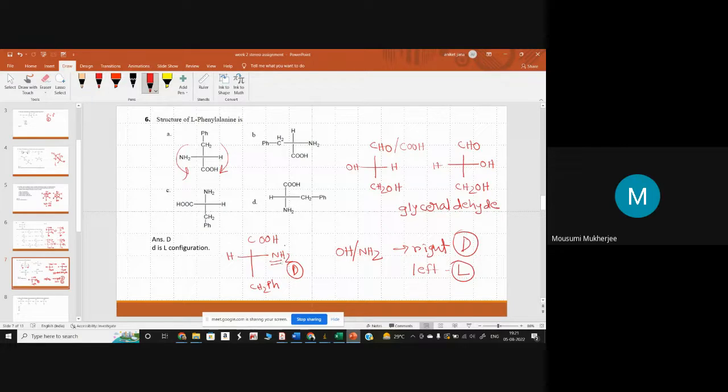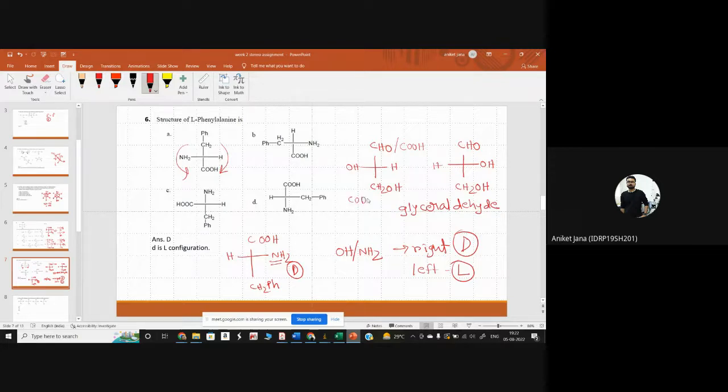So you can do it by yourself for B and C. B is the same configuration as A. This is the D, just inverted. If we change this one, how does it look?